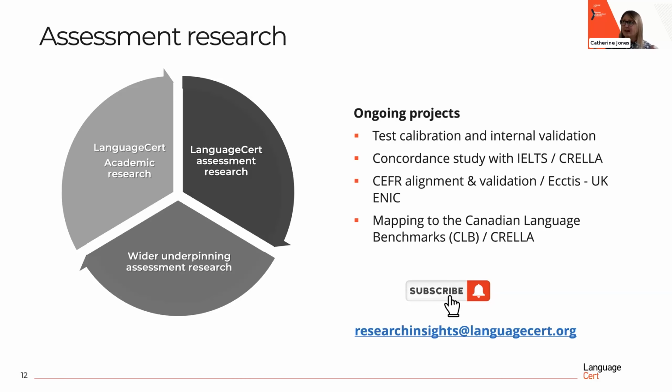And all this I think is indicative of our approach to research at LanguageCert, where test development shouldn't really be kind of secret. It's important for us to be as transparent and as open as possible about the test development processes, what we're finding, and how frequently this is being checked.